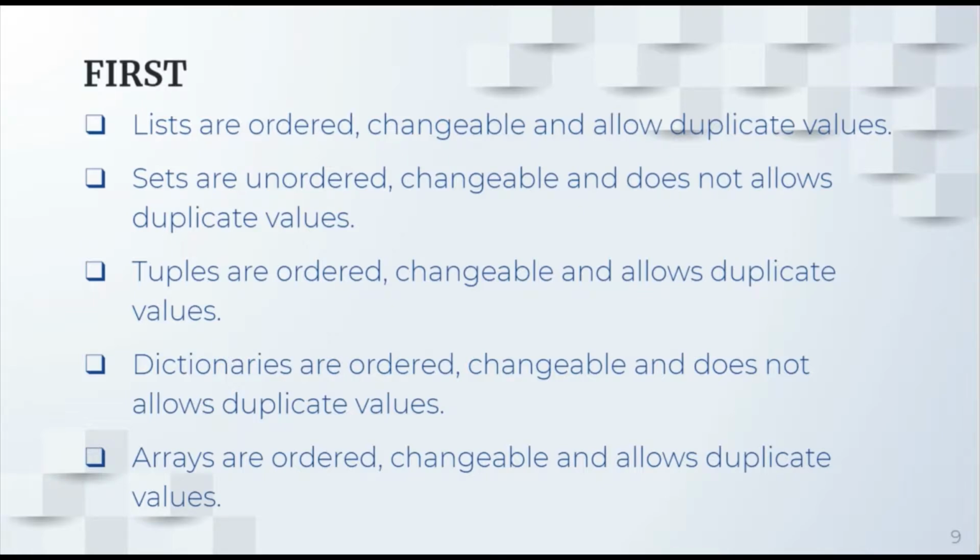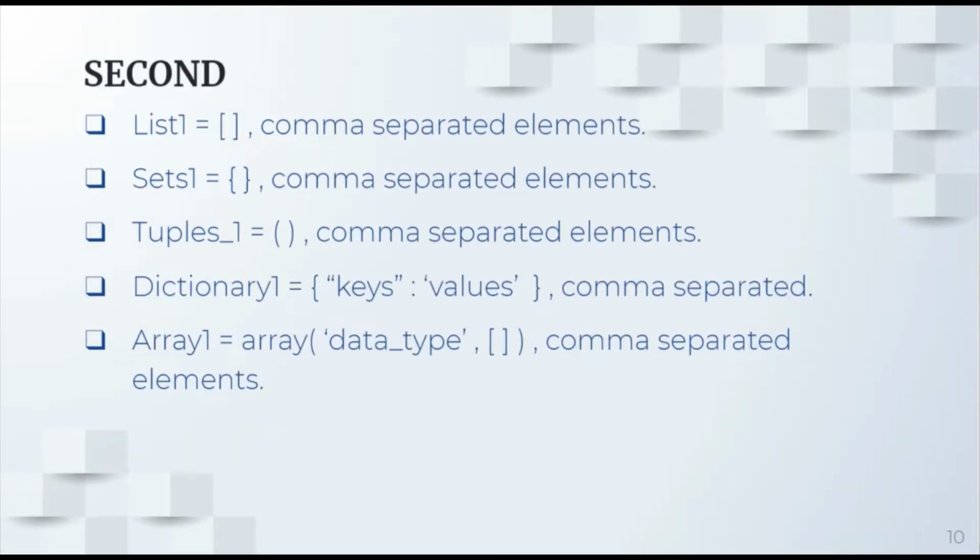So let's go to the second slide, I mean the second comparison. Okay, so in this slide I have listed all the syntaxes. This slide content is very basic but important.